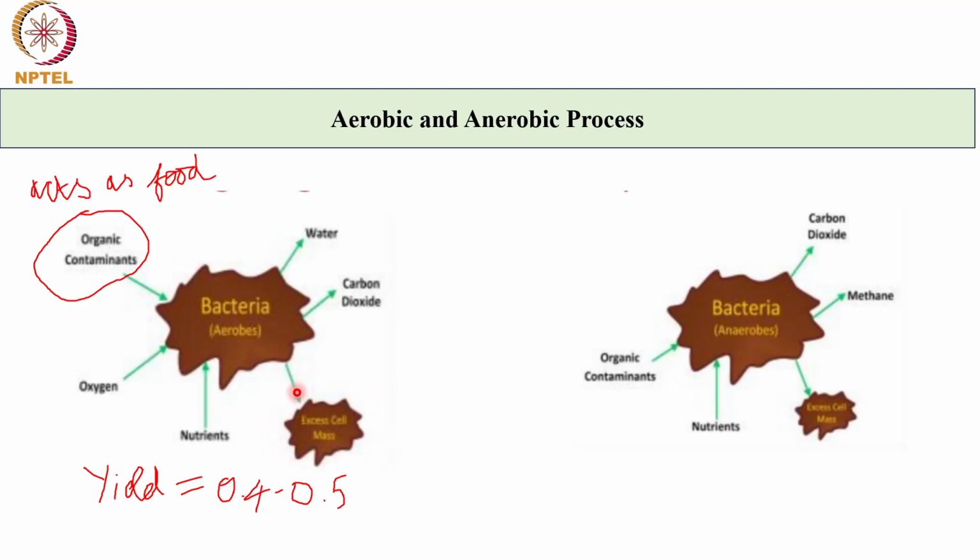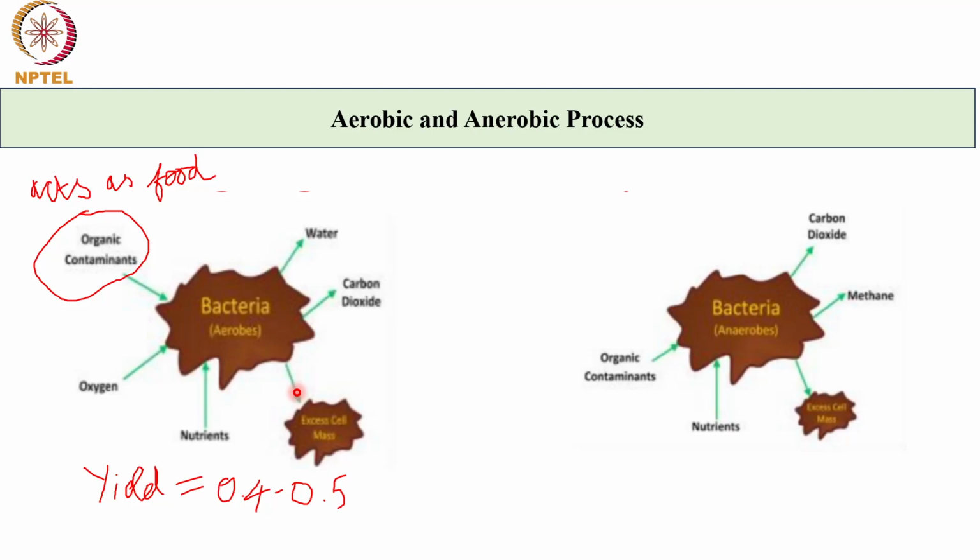That is, for example, if you give about 10 kg of organic contaminant, then 0.4 to 0.5 kg of bacteria can be produced. That is called yield, that is dX by dS. I would have explained that in the biokinetic parameters.